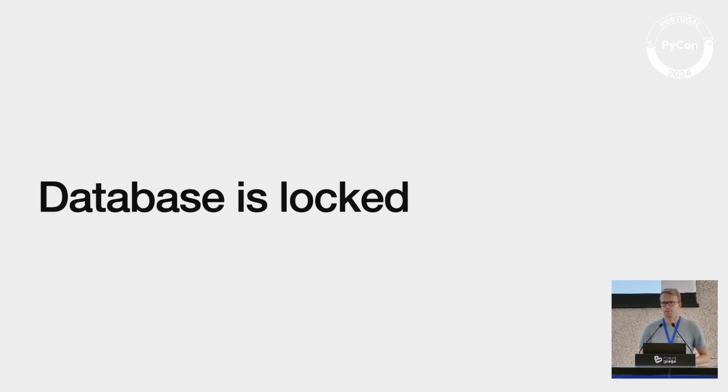Okay, no problem. And if this other thread has to wait for too long, like more than 5 seconds, which is the default timeout, it's going to raise an error. Makes perfect sense.